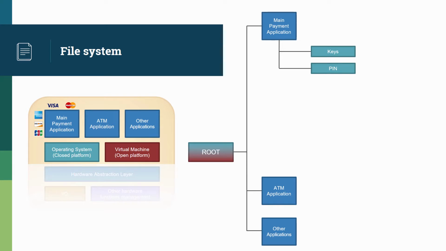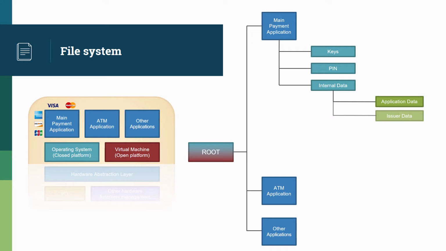Most payment applications also contain an offline PIN code, which is also for internal use only. They also always contain internal data, such as application data that dictate how the application is supposed to run, issuer data, mostly security-related items so that the card issuer can adjust the level of security, and cardholder data to identify the cardholder.